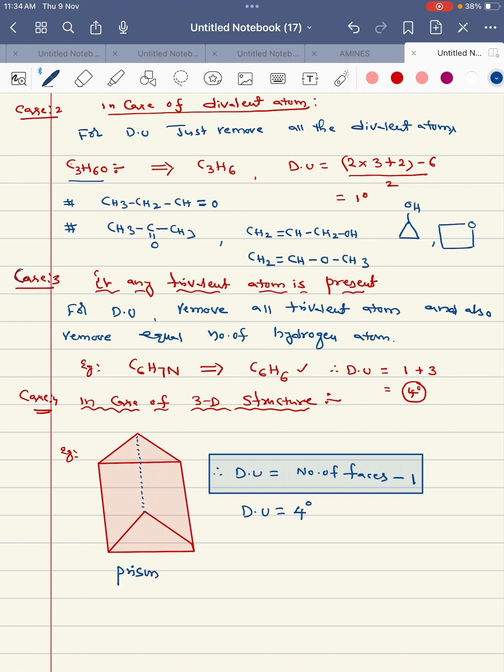So that compound name is called prismane. Next, example 2 is called cubane.